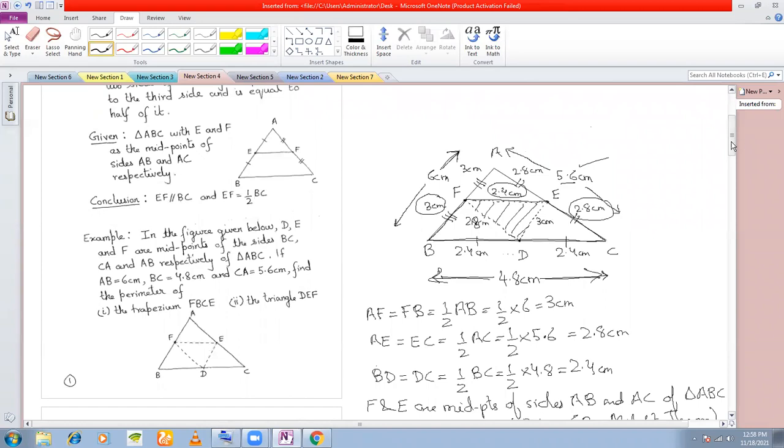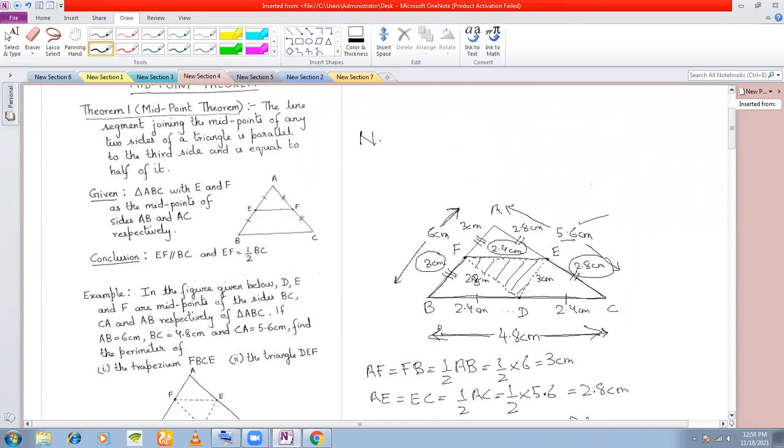Now, what is something very interesting that you see here in this figure? Can you tell me something that is very interesting? I would like to make a note of this. This comes as a separate proof, actually, sometimes in problems. Sir, there is a triangle in between. No, what you see is that apart from the lengths, I have shown certain lines are parallel, right? So this line I have shown is parallel to this line, right?